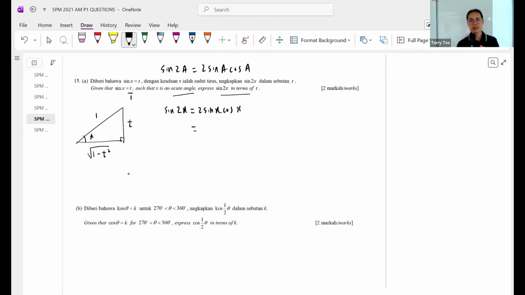Sine x, in fact, is already given as t, so this is 2t. Cos, I read from here. Cos is adjacent over hypotenuse. Your adjacent is the square root of 1 minus t squared, divided by 1. No need to write divide by 1. There you go. That's your answer.